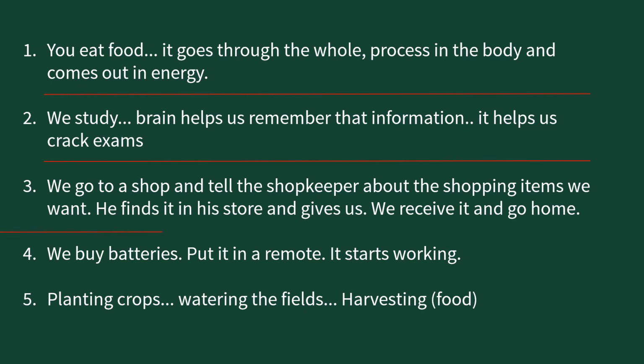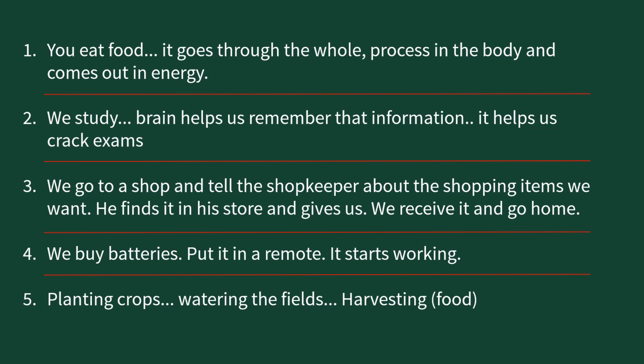Here again you can see some day-to-day life activities, which means you can find the IPO cycle in day-to-day activities as well. Let's see. You eat food, it goes through the whole process in the body and comes out as energy. So eating food is a kind of input, digestion is the process, and getting energy is the output.